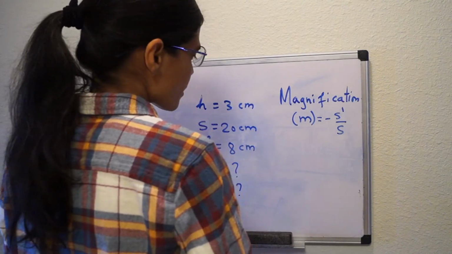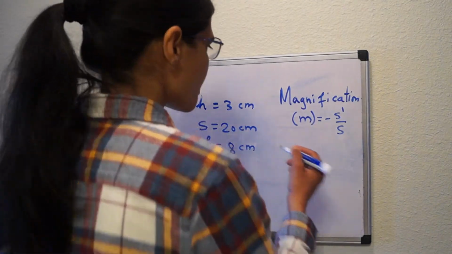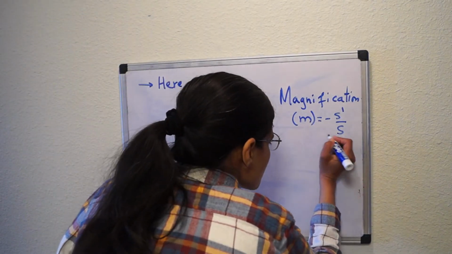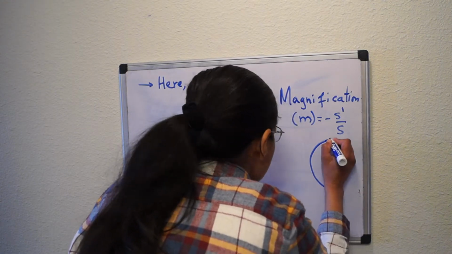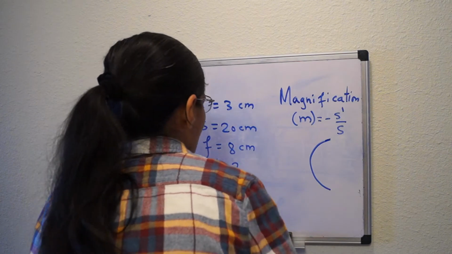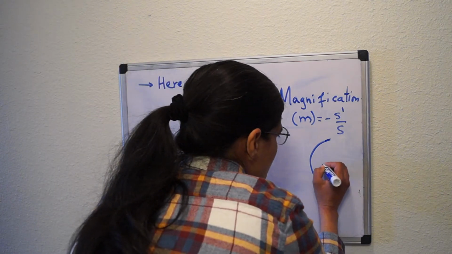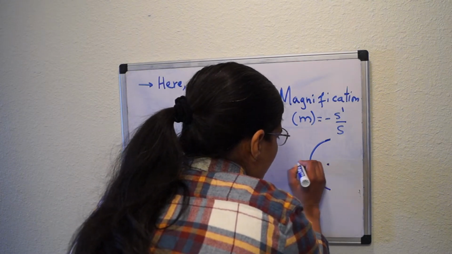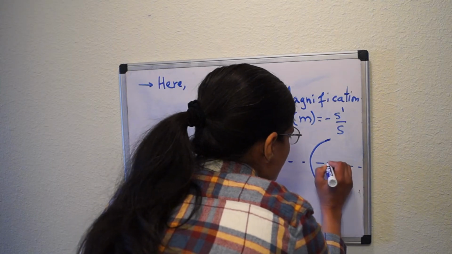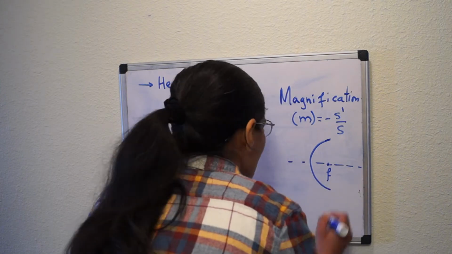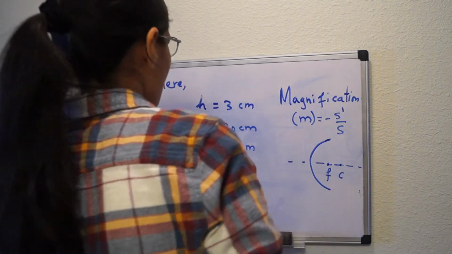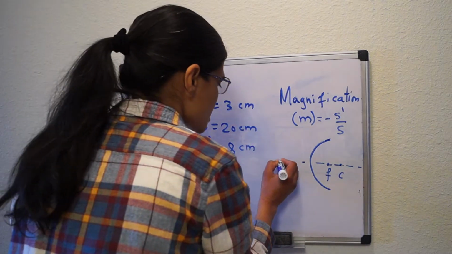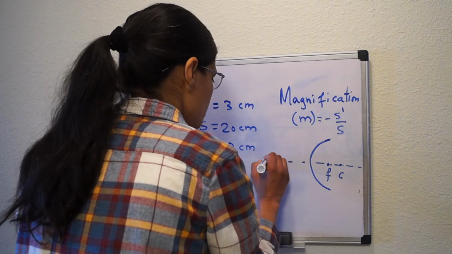So if you remember, we don't need to actually draw a ray diagram, though we can draw. So this is a convex mirror, right? It's kind of like this, and then it has the focal center somewhere around, let's say, if we have an optical axis, it has a focal center F. Let's say this is like the center. And then the object is somewhere at 20 centimeter.